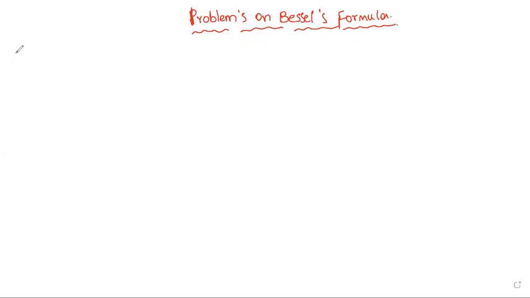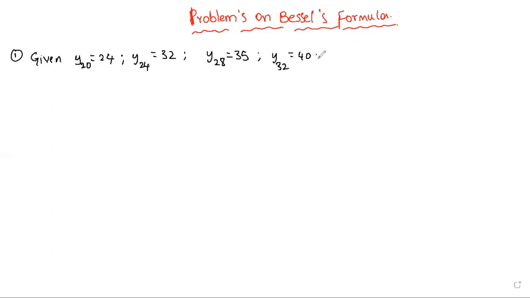Problem number 1, given y20 is equal to 24, y24 is equal to 32, y28 is equal to 35, y32 is equal to 40.